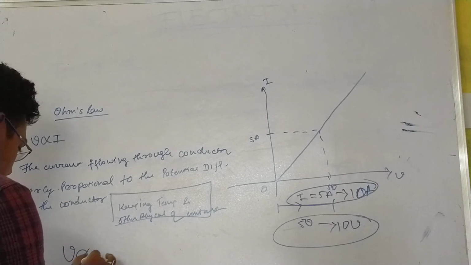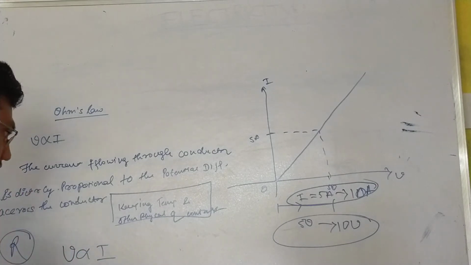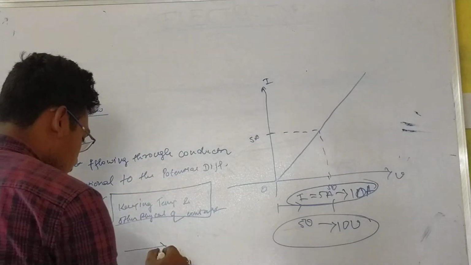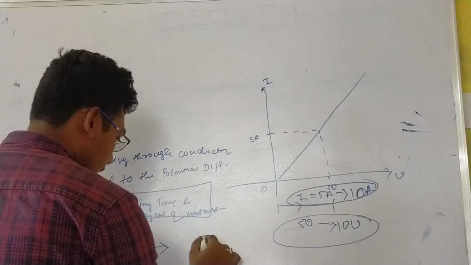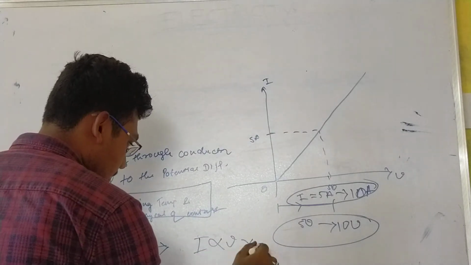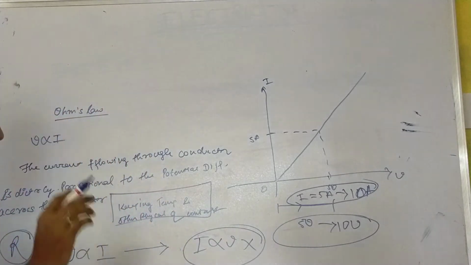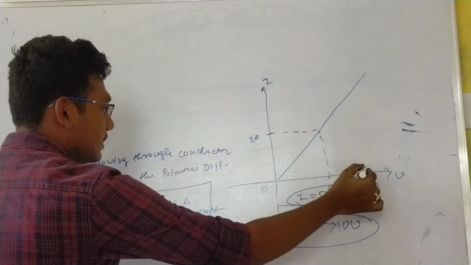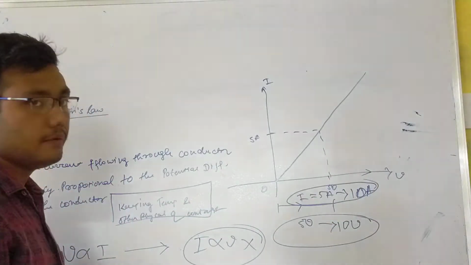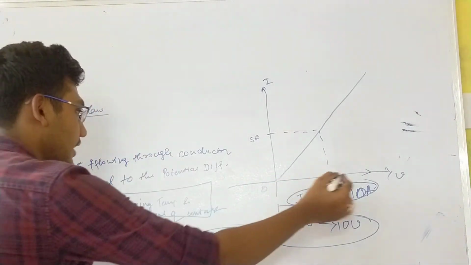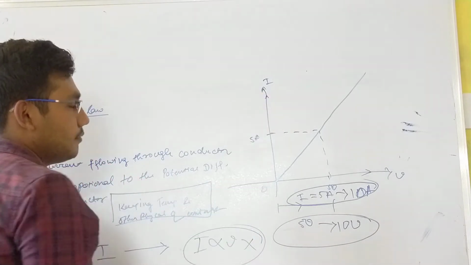As V varies as I. One thing to be noted here: many teachers don't tell their students that saying I varies as V is not correct. Why? Always we keep the independent variable on the x-axis and the dependent variable on the y-axis.